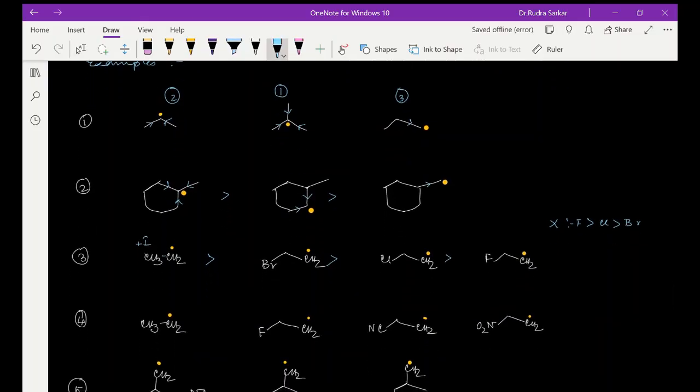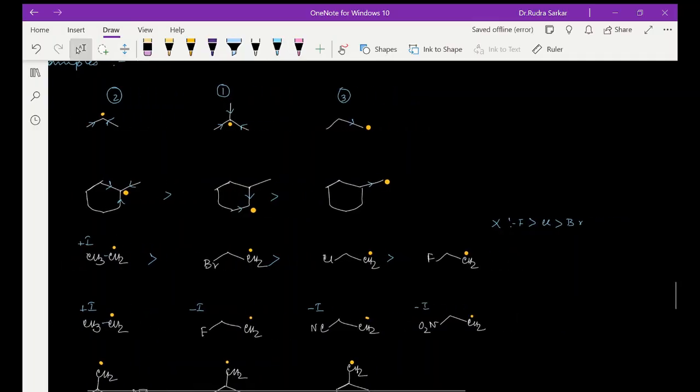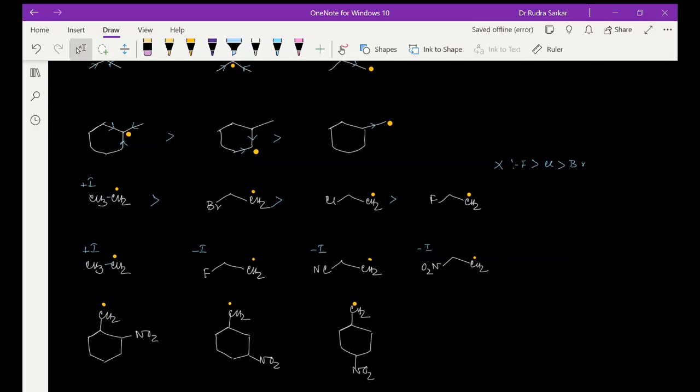Again over here we can see this group is having plus I effect, where the others are having minus I effect, minus I and minus I. And if we compare the minus I effect, then obviously we will say NO2 is having more minus I effect than that of CN, which is having more minus I effect than that of fluorine.